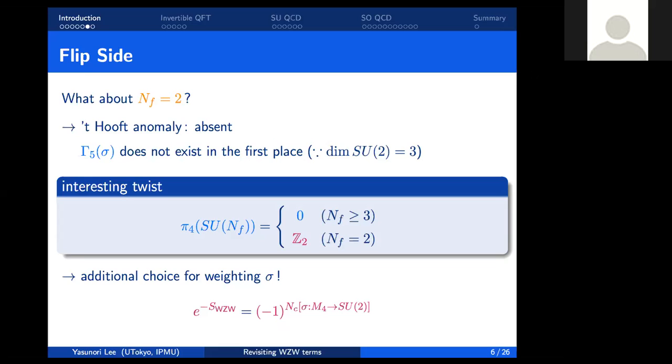I guess I'm just missing the point here. Why should what happens at the physical scale of the pions have something to do with the whole space-time topology? Whether you can define the Wess-Zumino-Witten term in a well-defined way. Yes, so we actually do not care about the actual physics, I would say.